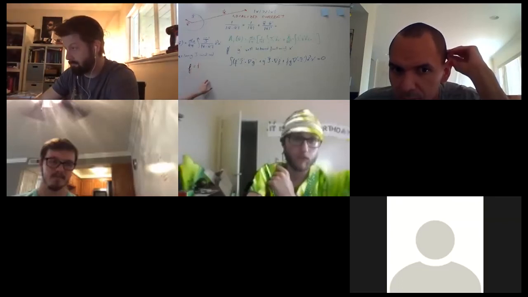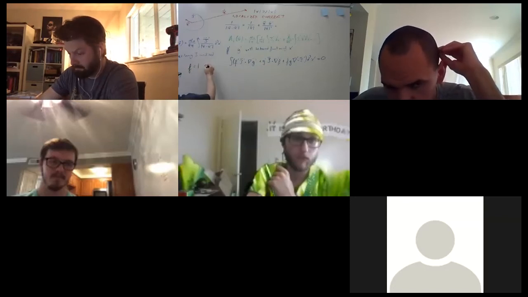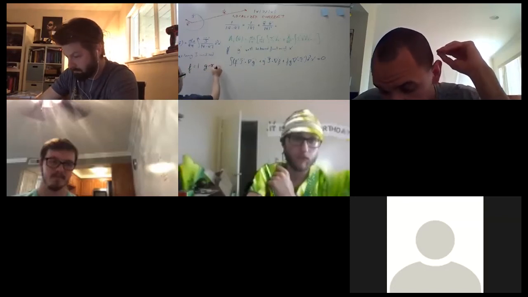That's a well-behaved function, right? f equals 1, okay? And we're going to choose g equal to x sub i prime.